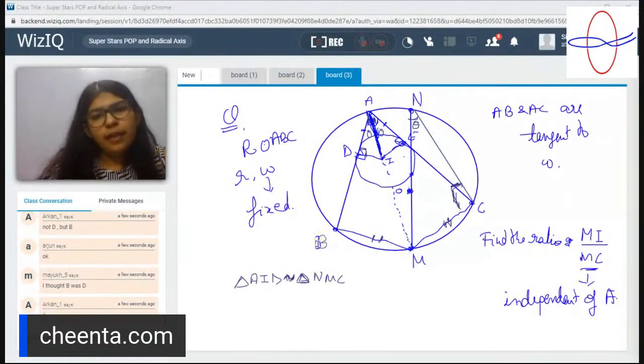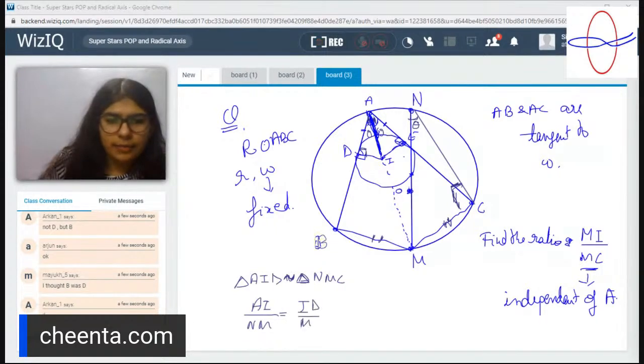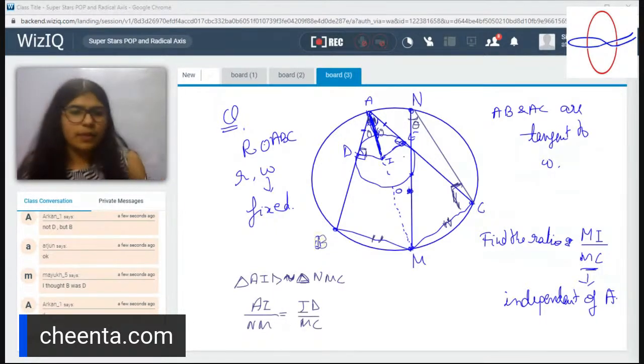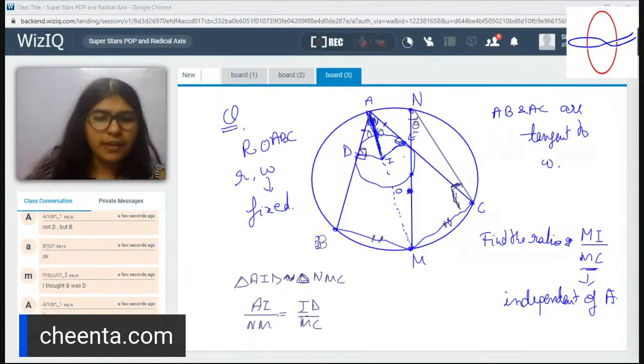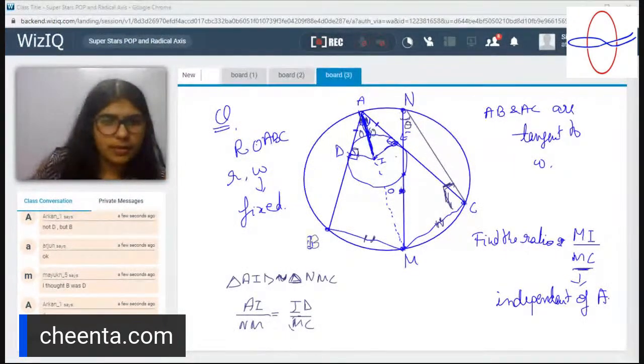Well, you have the triangle NM, it's equal. So AI upon NM equals ID upon MC. Correct? You got MC, which is required in the ratio. So it seems something nice. What is this?